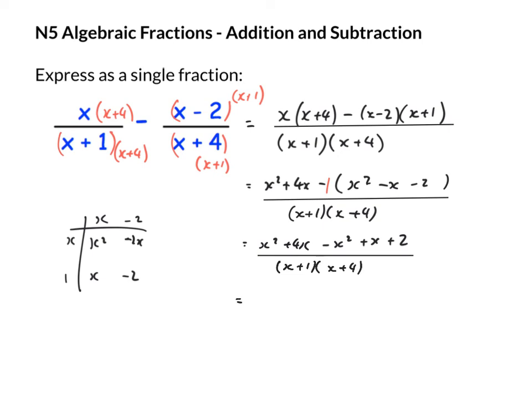Tidying up, x squared minus x squared will leave me with no x squareds. 5x plus 2, all over x plus 1, x plus 4. The top will not factorise, so there's nothing to cancel out on the bottom there. So I've expressed it as a single fraction, and there will be no simplifying.